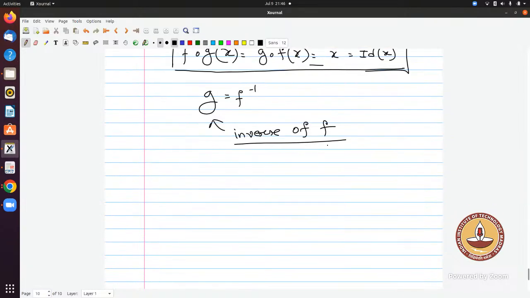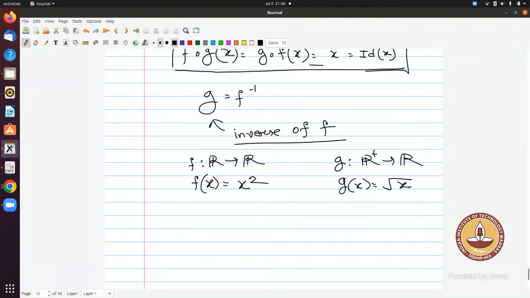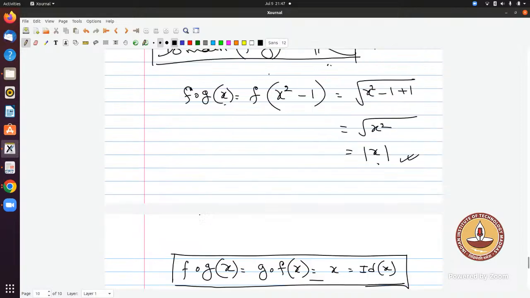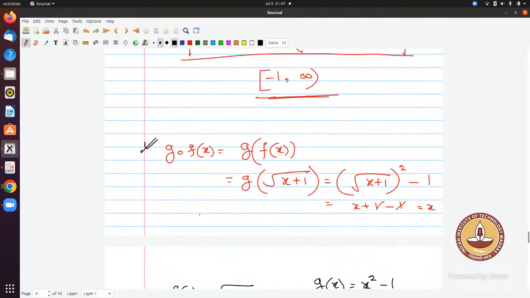Okay, so here what is given? f(x) is x square, right? And we have seen earlier, if it is from R to R, and g from R to R plus, g(x) is root x. When we are applying, what was g compose f we have calculated, if you remember this example.